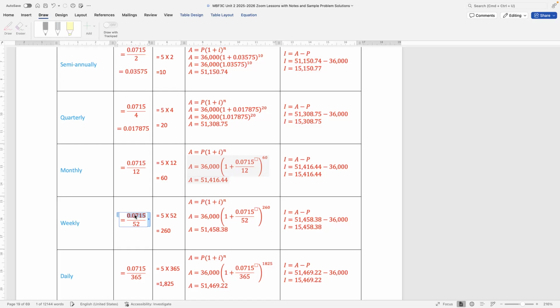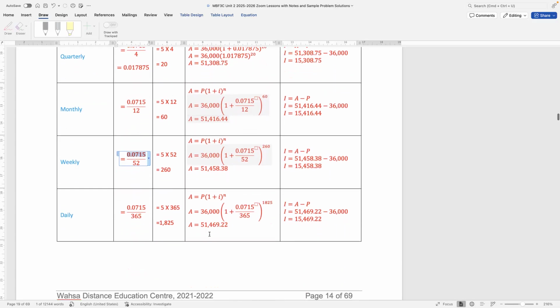Works out to be $51,458.38 because 0.38292 rounds to 38. So the amount of interest earned will be that amount of 51,458.38 minus the 36,000, which works out to be $15,458.38.